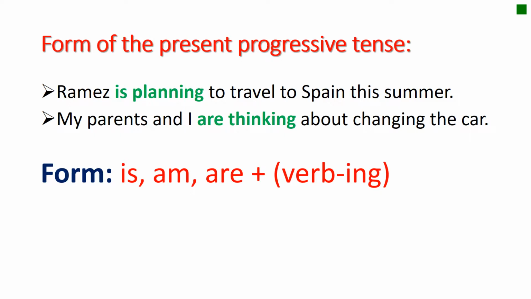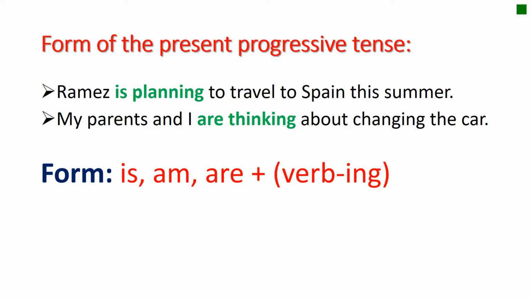My parents and I are thinking about changing the car. Are is the present form of the verb be, okay? So, in order to make the present progressive tense, I use is, am, are, which are the present simple form of the verb to be, plus the verb in its ing form.